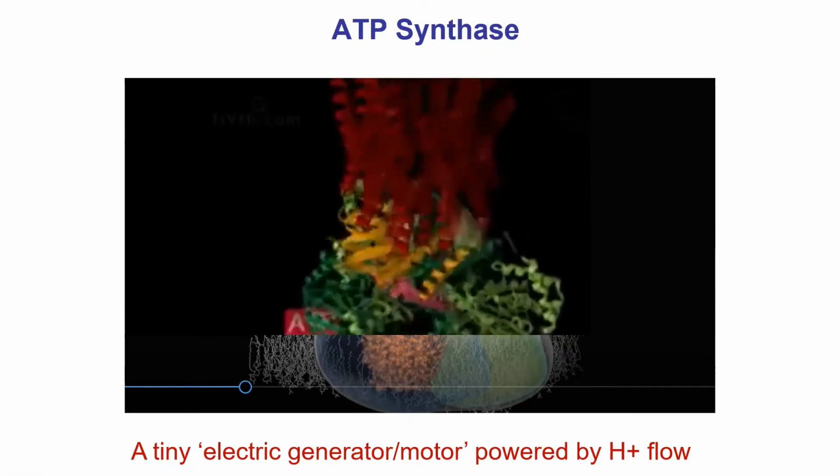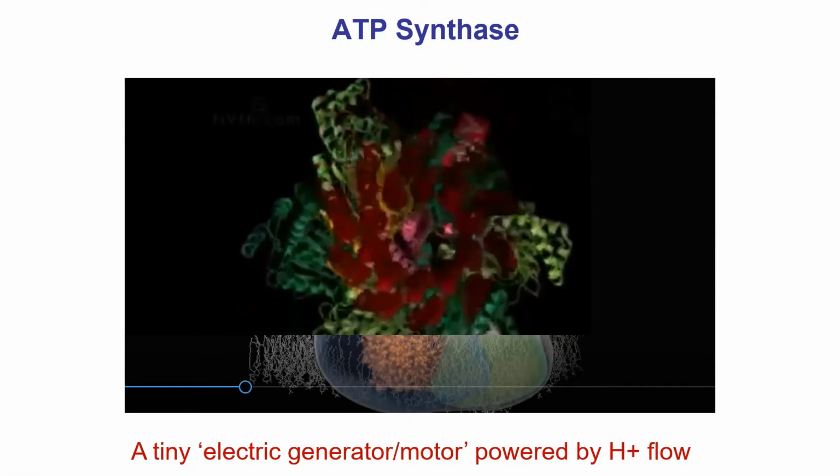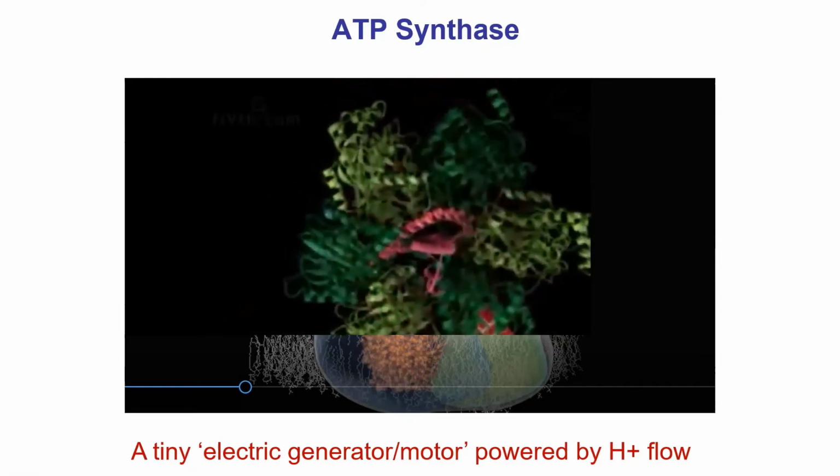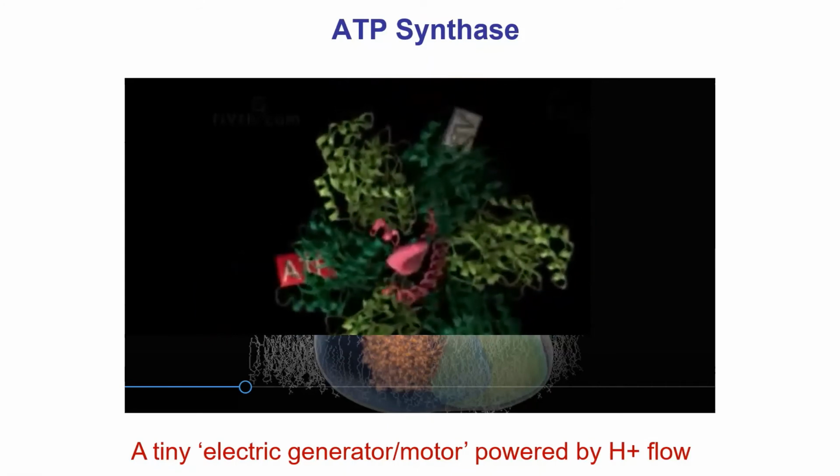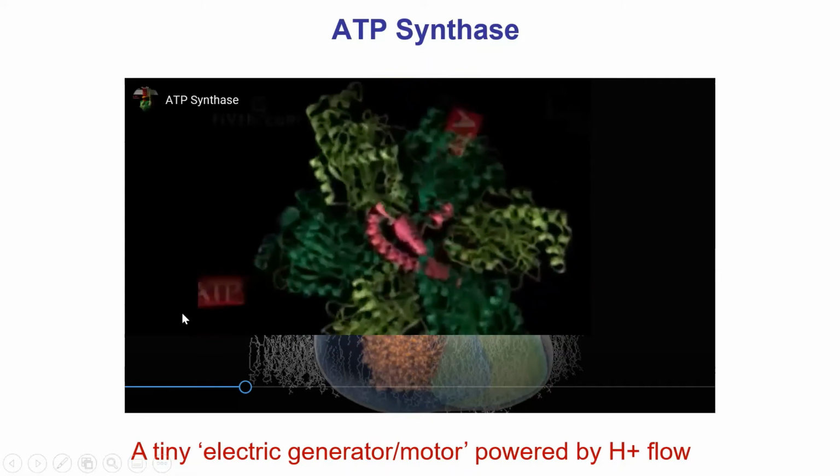Its molecular structure shows that the position of the central shaft influences the conformation and arrangement of the surrounding subunits. It is these changes that drive the synthesis of ATP from ADP.